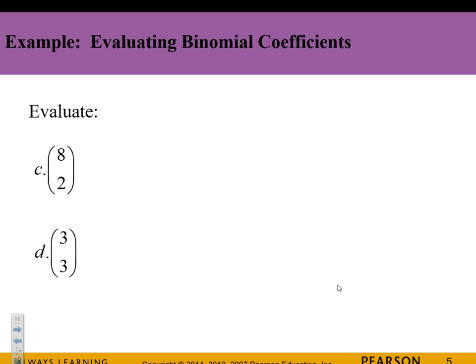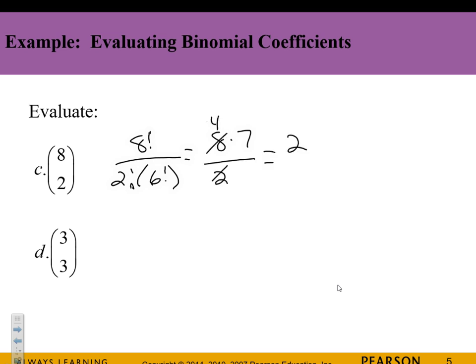It's not 16. Do what your formula says. So it should be 8 factorial over 2 factorial times 6 factorial. So 8 times 7 over 2. What's 4 times 7?